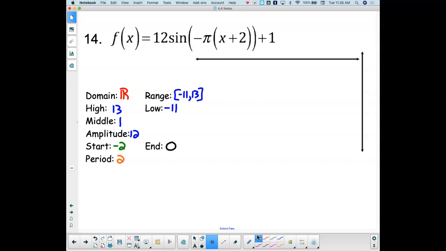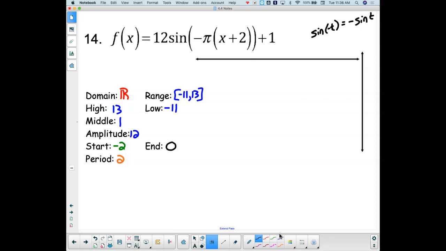I thought it was based on the amplitude. Nope, it's the identity. If b is less than 0, check identities for possible reflection. Sine of negative t is equal to negative sine of t. Negative b values reflect sines.